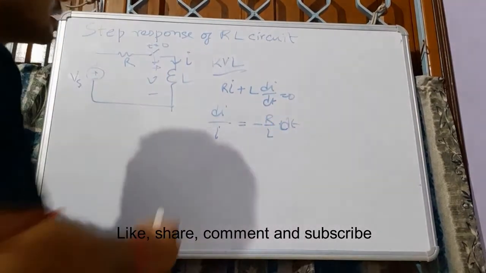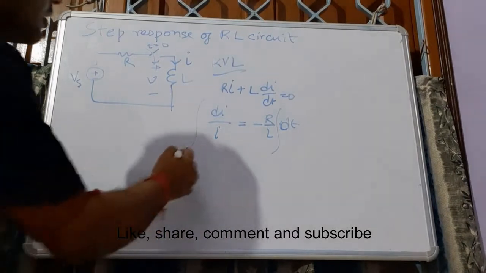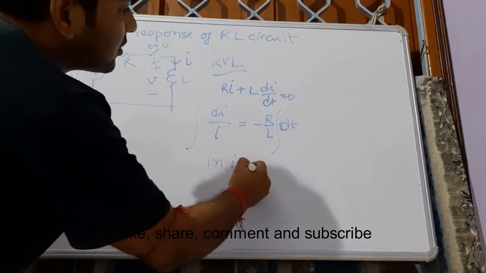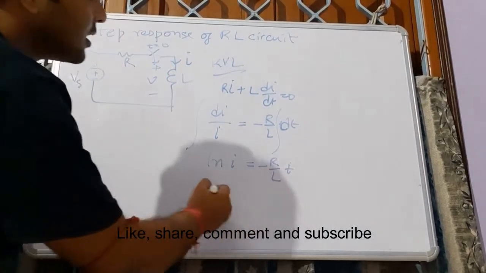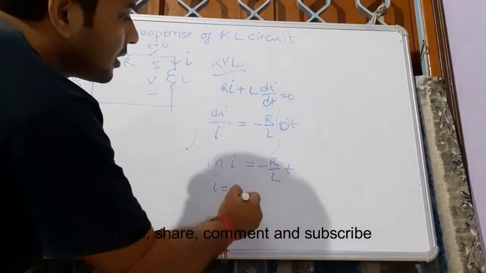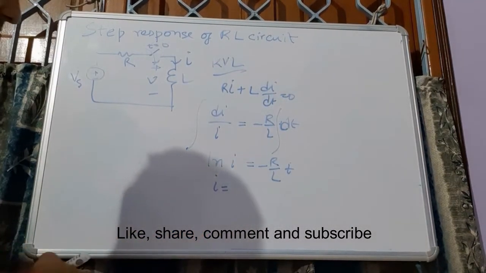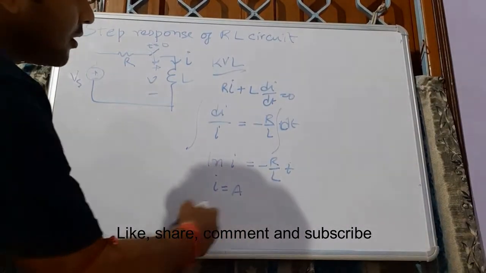Now if we integrate both sides, we will get ln i equals to minus R by L into t, plus a constant, say A, right?